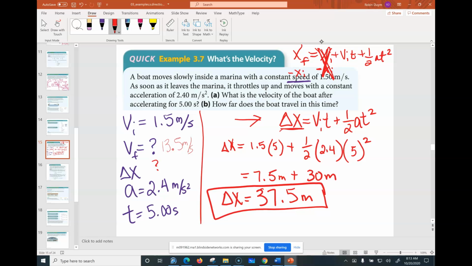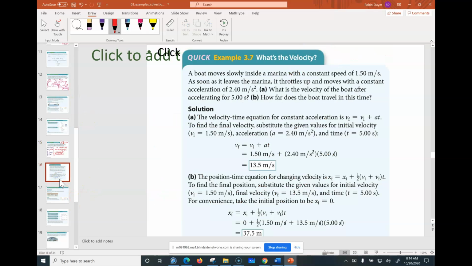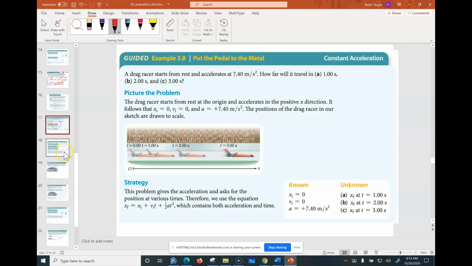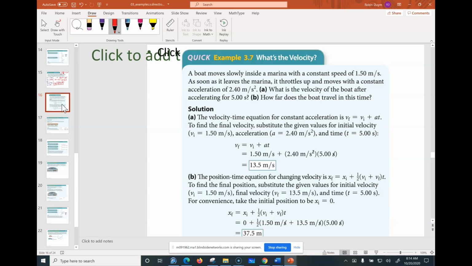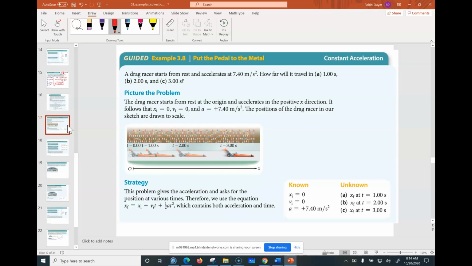Double check my math though. And your solution is here if you need to go back. Oh, we have this example.